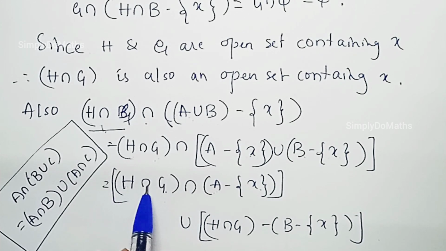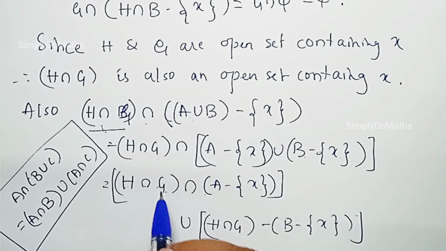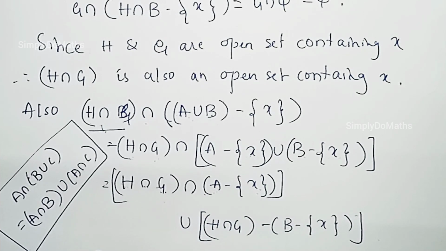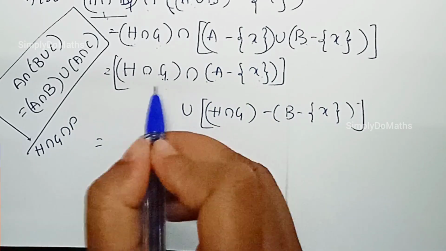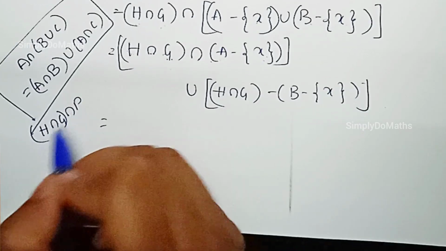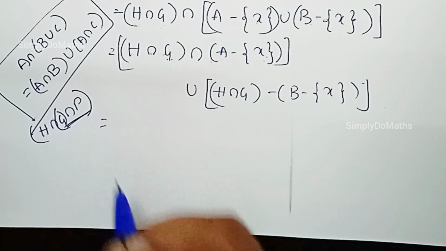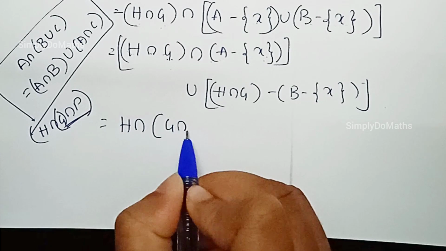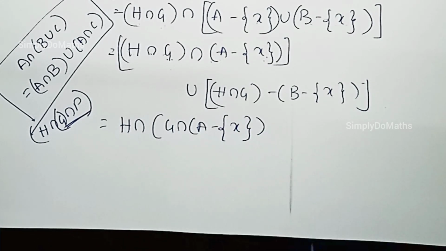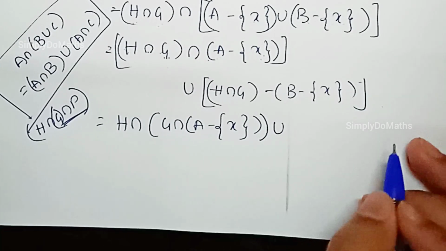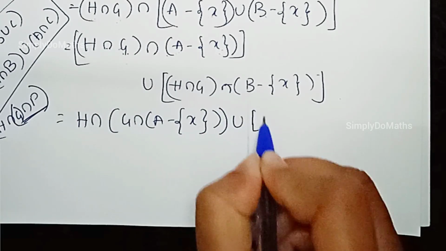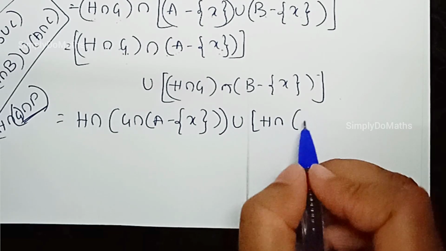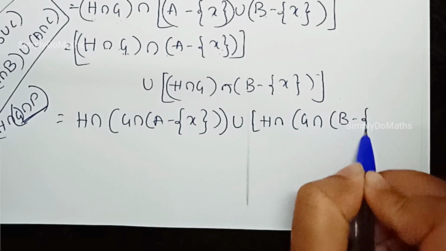So by the associative property we can write H intersection G intersection this, considering this as something, say P. By the associative property we can write H intersection G intersection (A minus singleton set X), union H intersection G intersection (B minus singleton set X).